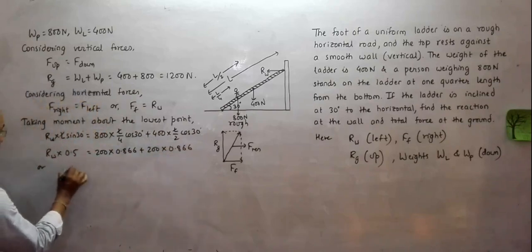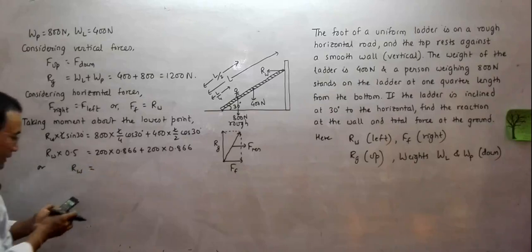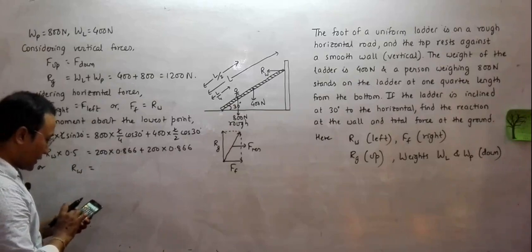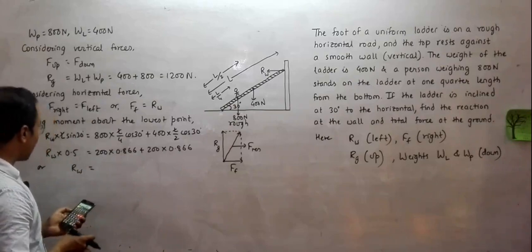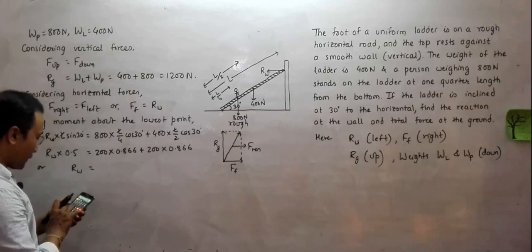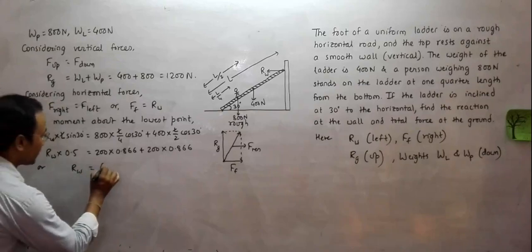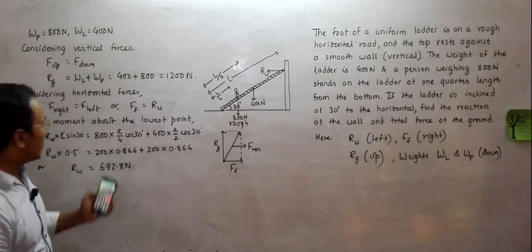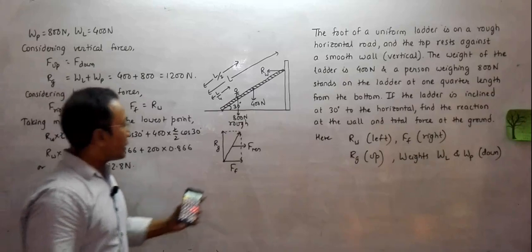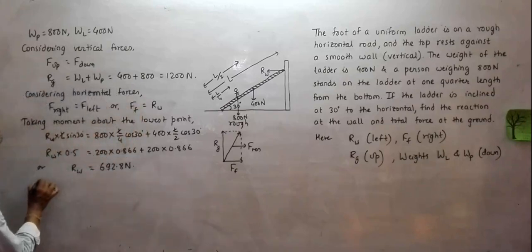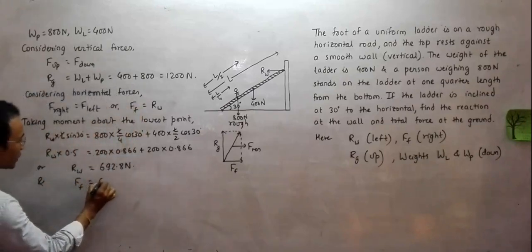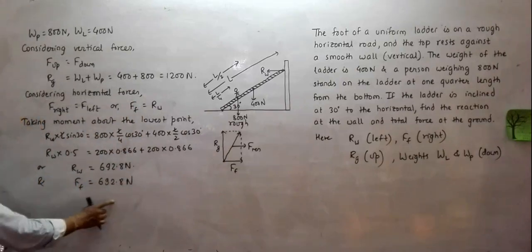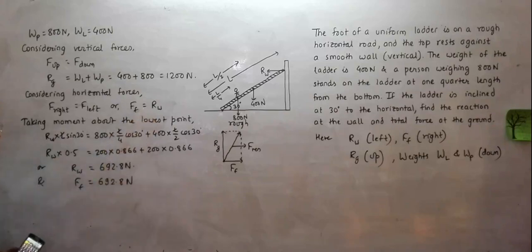Adding all these, it is 400 into 0.866, and this divided by 0.5 should be equal to 692.8 Newton. So the reaction on the wall is equal to this much, and the frictional force is also equal to 692.8 Newton, because those two are equal in their values.